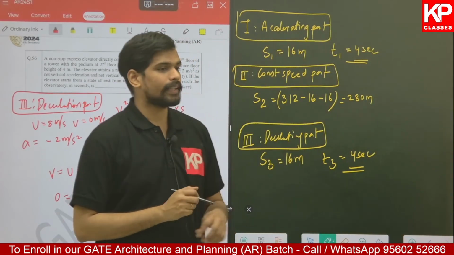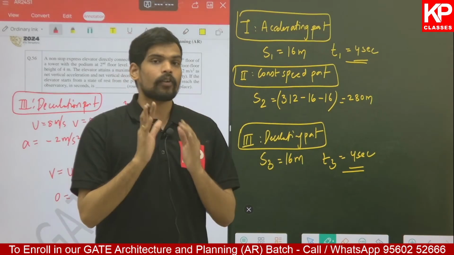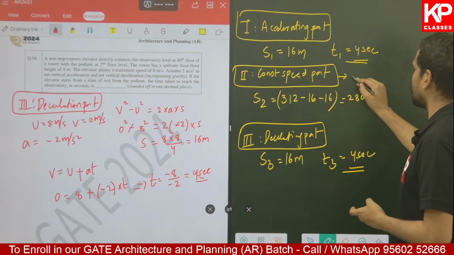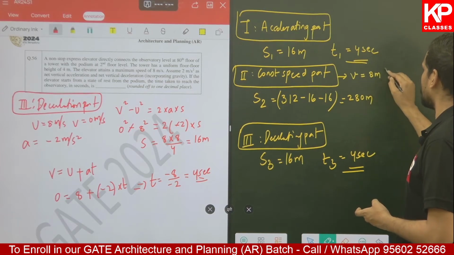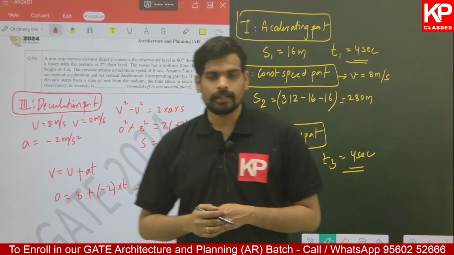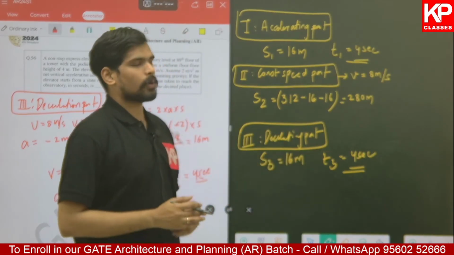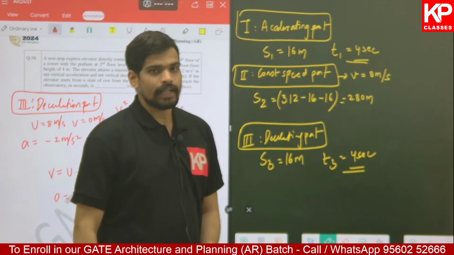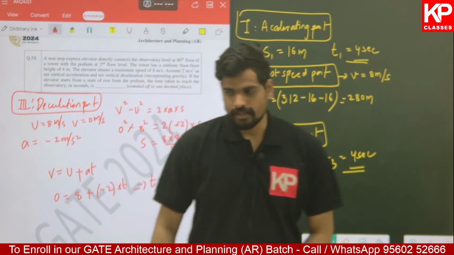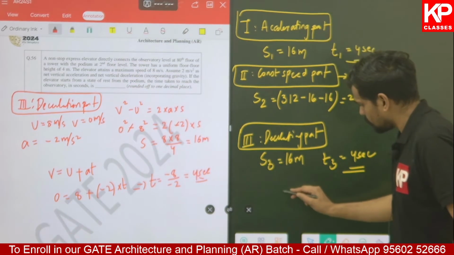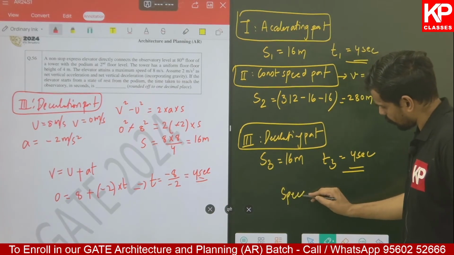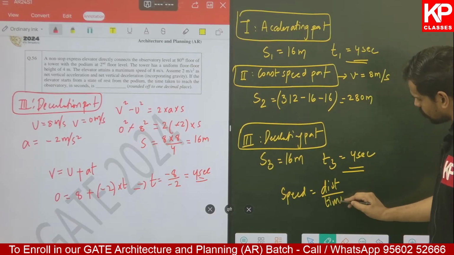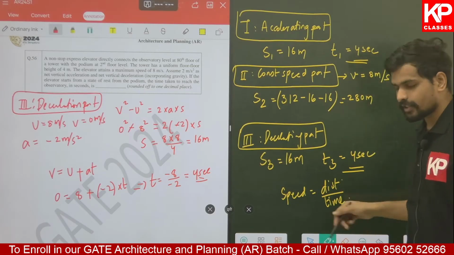Now how much time will it take to cover 280 meters at a constant speed? What is that constant speed? The maximum speed, the constant speed velocity here, is 8 meters per second. At 8 meters per second, how much time will it take to cover 280 meters? Simple formula: speed is distance traveled per unit time, so the time taken will be distance upon speed.